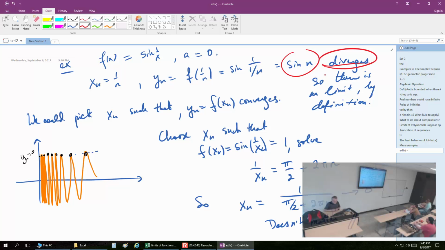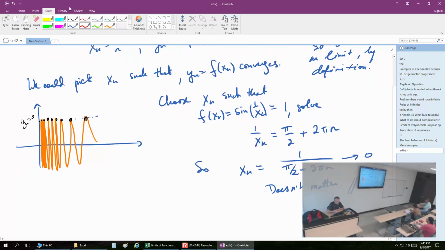Well, there is one more example. Let me modify this example slightly. What if I have my function x sine 1 over x? Looks nasty. I made it even nastier than the last one.